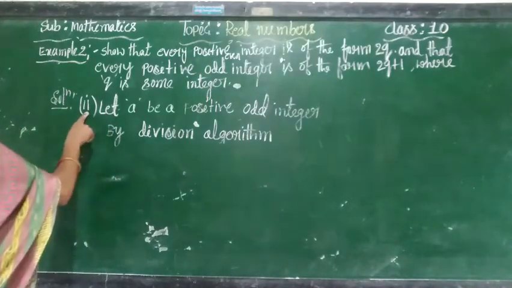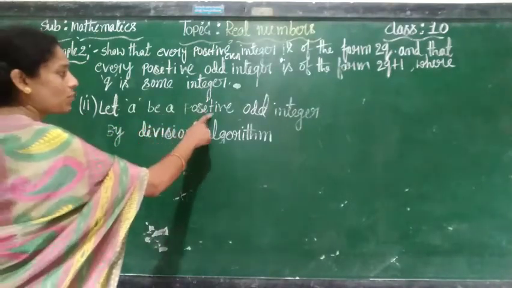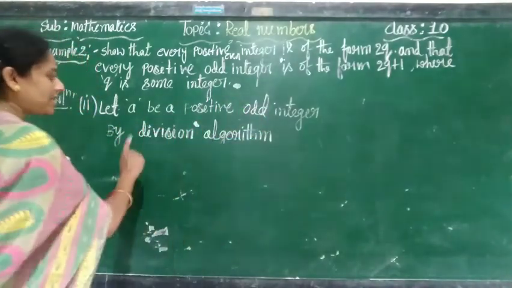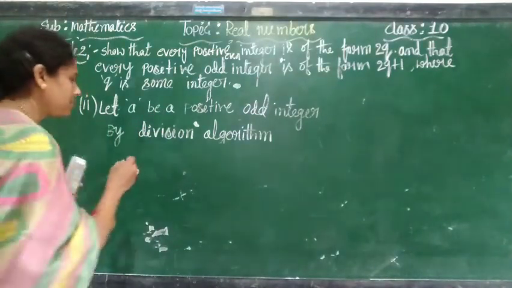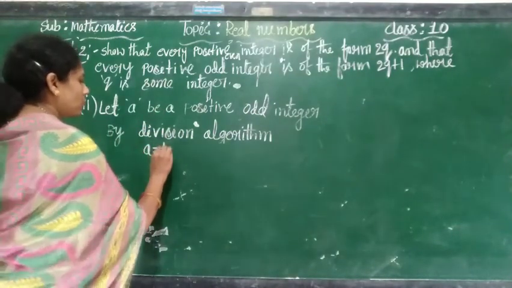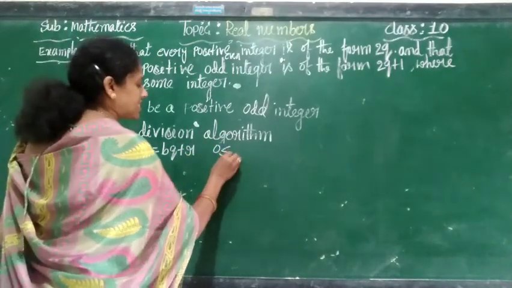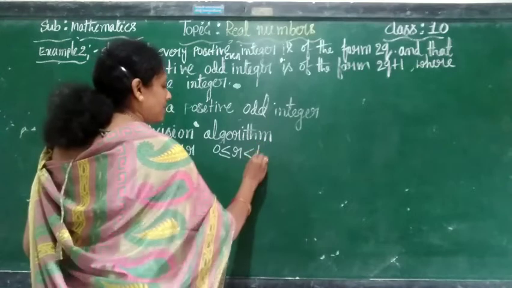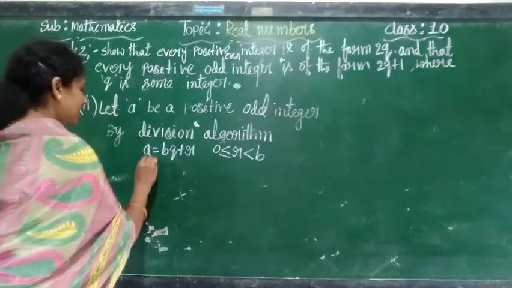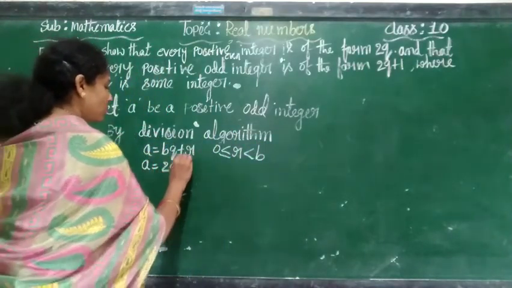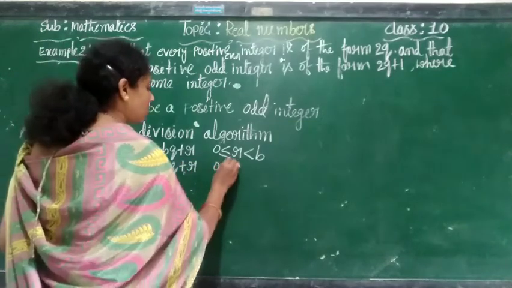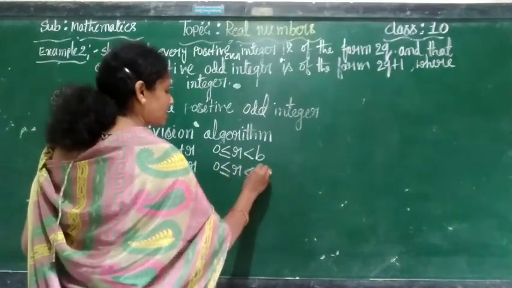Let a be a positive odd integer. By division algorithm, a is equal to bq plus r, where 0 is less than or equal to r less than b. So a is equal to 2q plus r, where 0 is less than or equal to r less than 2.